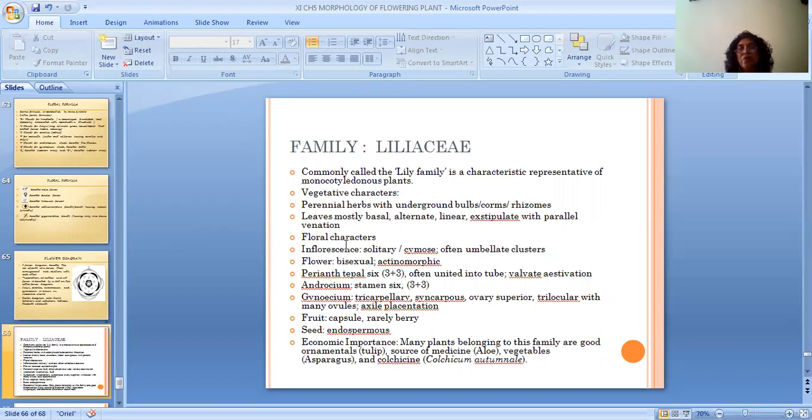If we look at its floral characters, talking about inflorescence, it is solitary, cymose. Flower is bisexual, actinomorphic. It has perianth, that means calyx and corolla fused. So tepals 6 in 2 rounds, 3 plus 3, often united in a tube, valvate aestivation.